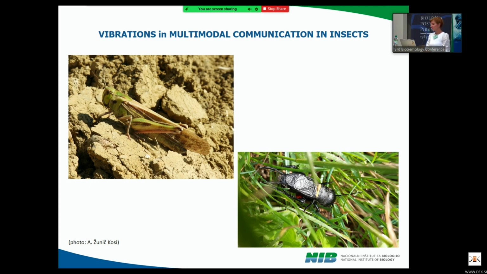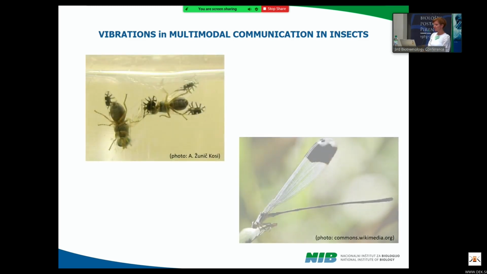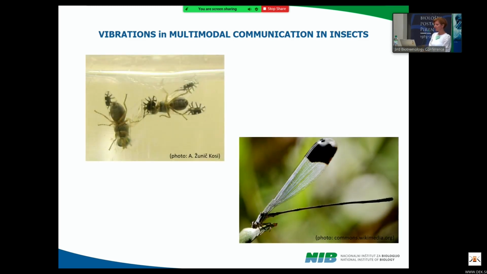But since we heard about this interesting vibroacoustic system, I will present another type of interaction, between visual signals and vibrations, that I found interesting, since a lot of insects also use visual signals.